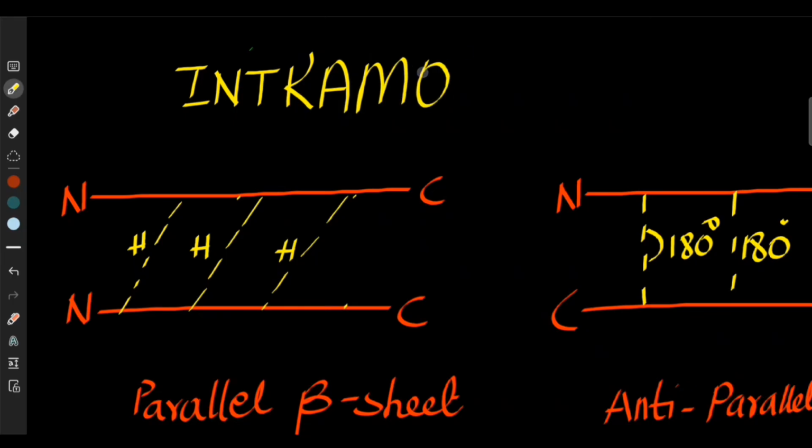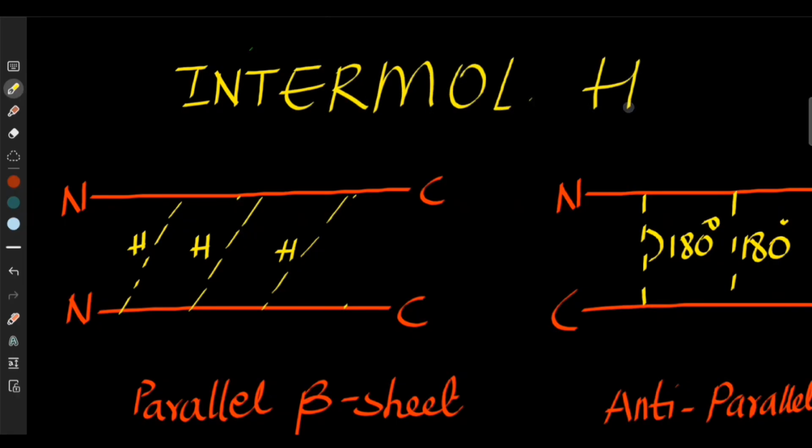We are going to call it intramolecular. Oh, sorry, not intramolecular, intermolecular hydrogen bond, right? Now, when we talked about the hydrogen bond in terms of the alpha helix, do you think it was intermolecular or intramolecular?